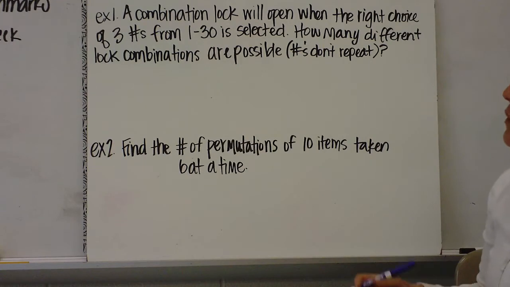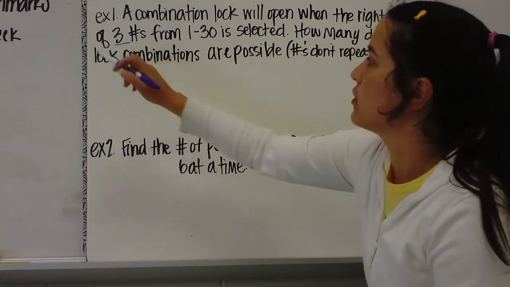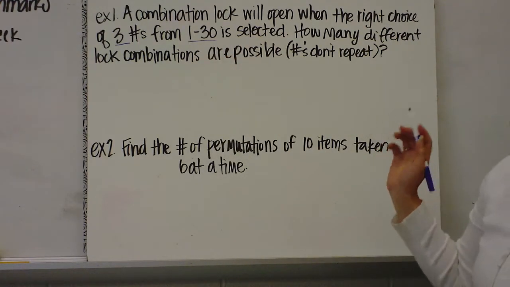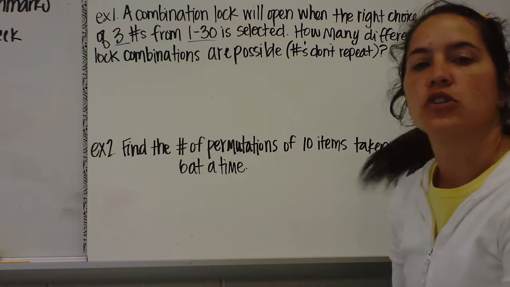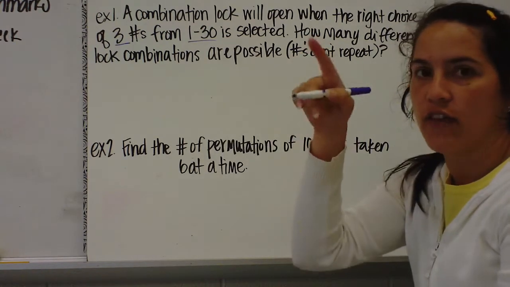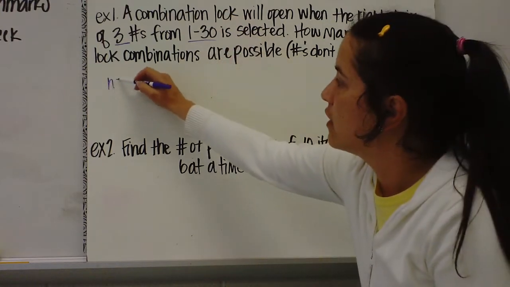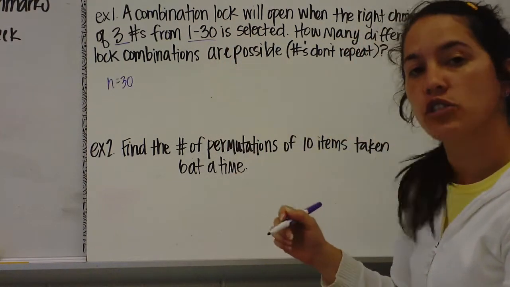Okay. Example 1. A combination lock will open with the right choice of 3 numbers from the numbers 1 through 30. How many different lock combinations are possible? On a lock, it goes around and there's 30 choices of numbers. So our n is 30. We have 30 numbers to choose from.